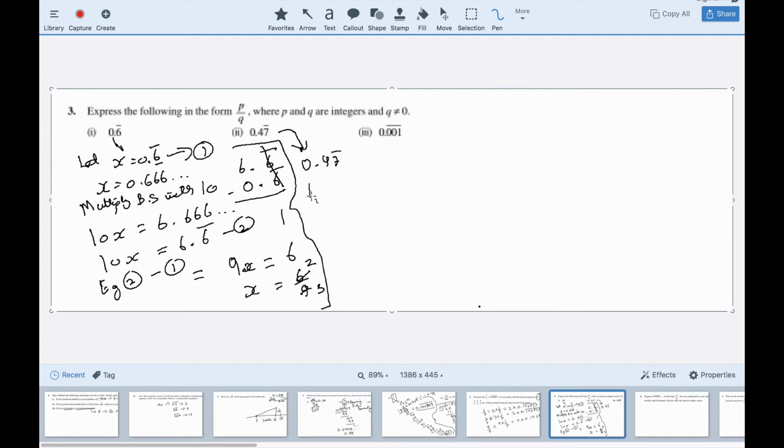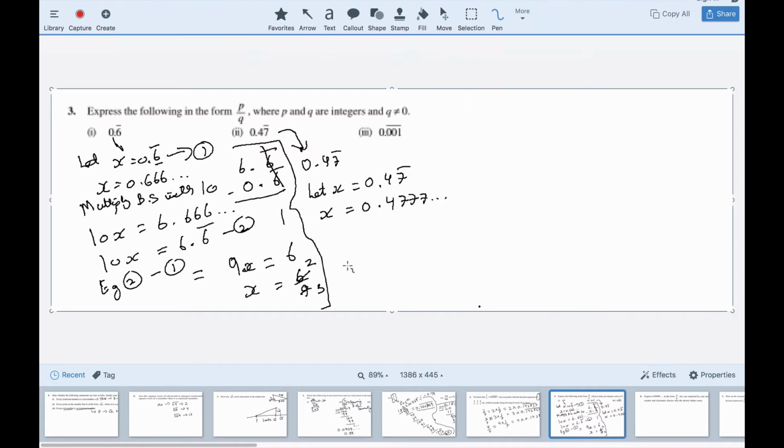So we can say let x is equal to 0.47 bar. So we can write x as 0.4 and 7 bar. Now only 7 is repeating here. Remember, only 7 is repeating here. 4 is not repeating. So I can write it in this form.